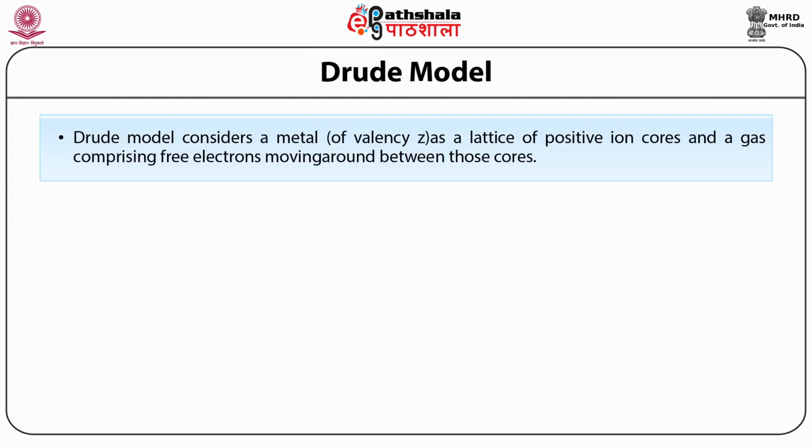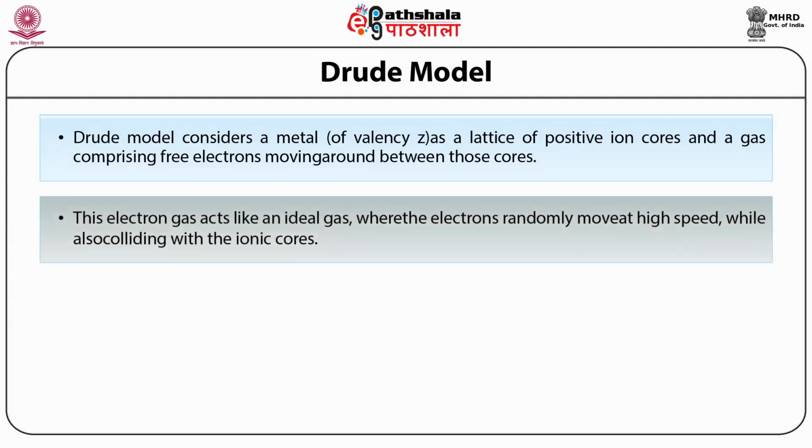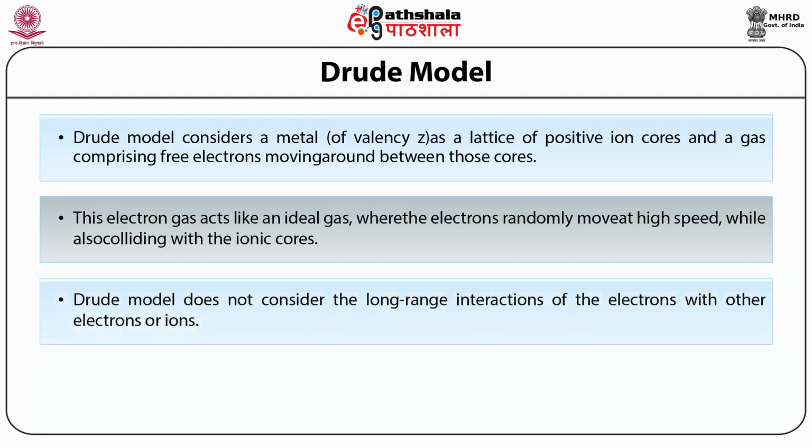Each atom donates Z electrons to the gas. This electron gas acts like an ideal gas, where the electrons randomly move at high speed, while also colliding with the ionic cores. The Drude model does not consider the long-range interaction of electrons with other electrons or ions.